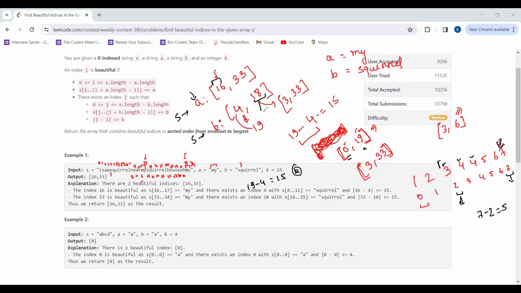The range is from 3 to 33. And how many elements are in that range? Only one element here again. So we'll have two such beautiful indices, 16 and 33. So I hope it is clear.